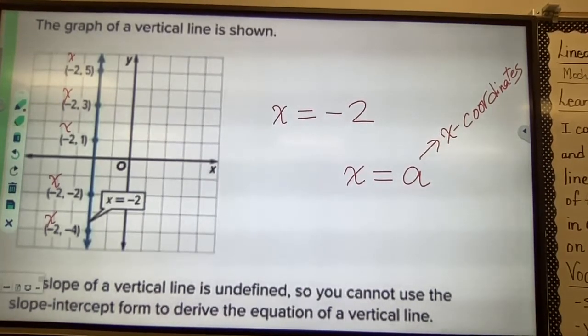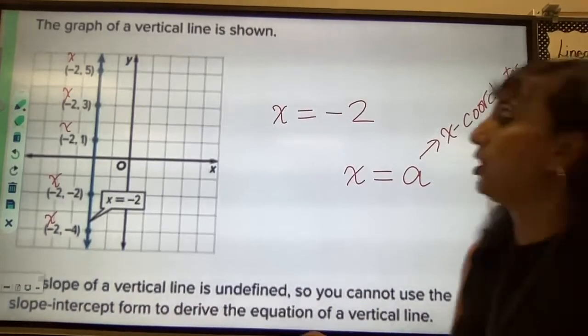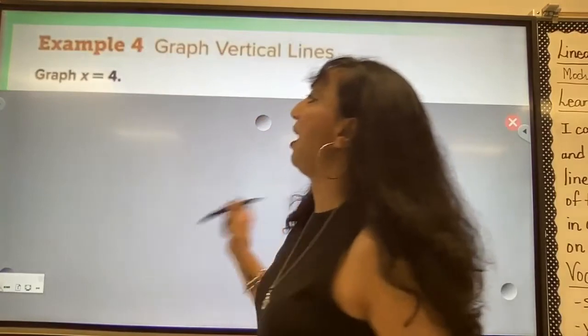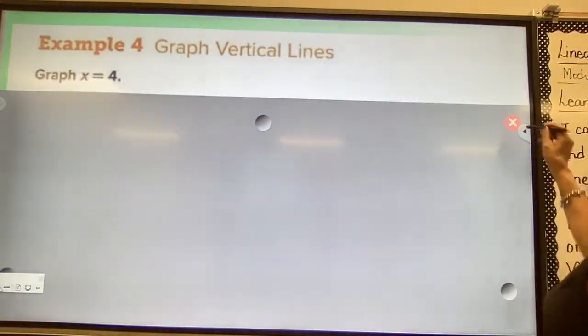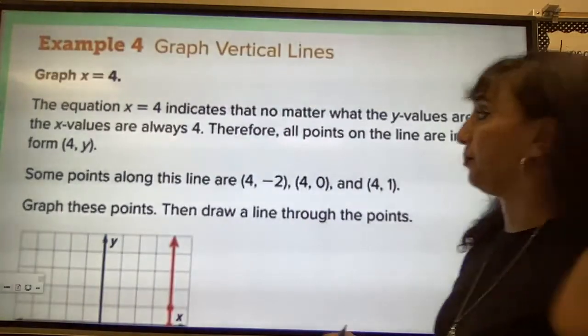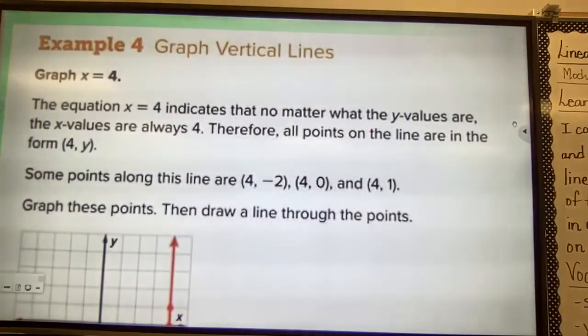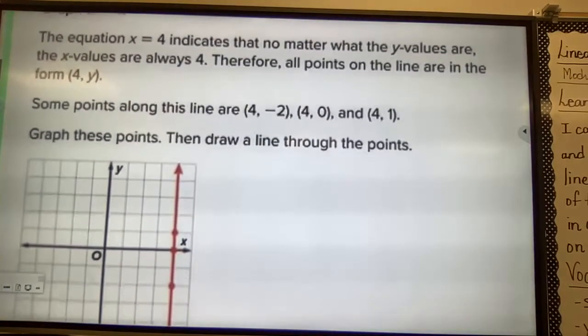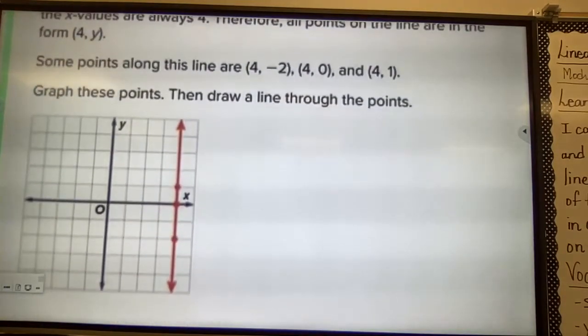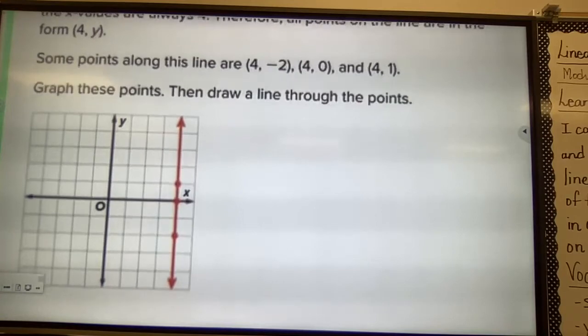So let me show you an example. And here is one. If I'm saying graph x = 4, that means x is always going to be 4. And so please look, no matter what the y values are, x values are always 4. All points are going to be (4, y).